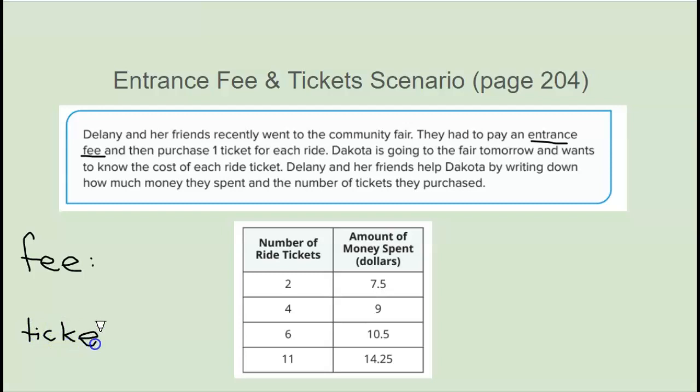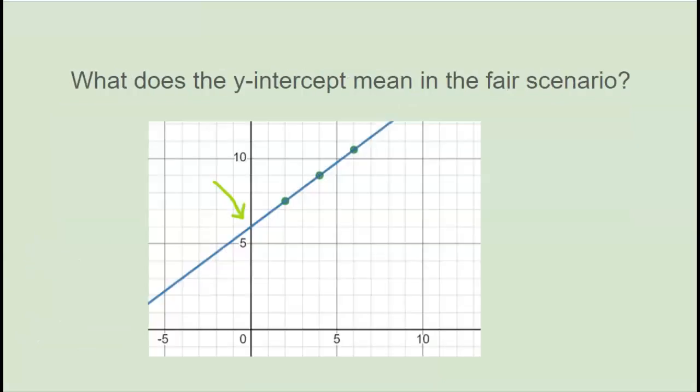And I think that in this situation, it's a good idea to graph it. So we need to find the entrance fee and how much does it cost for each ride. If you graph this, the x-axis is your number of ride tickets.